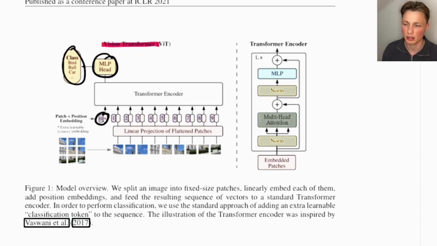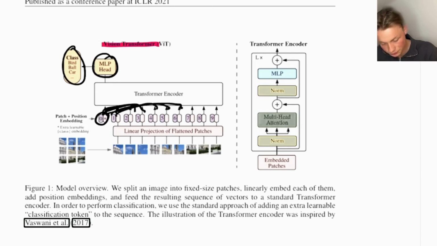So we add a token which is always the same for every picture, but we learn it, and this token can correspond to all the other tokens via normal attention and can extract the important features of those tokens in order to make a decision.